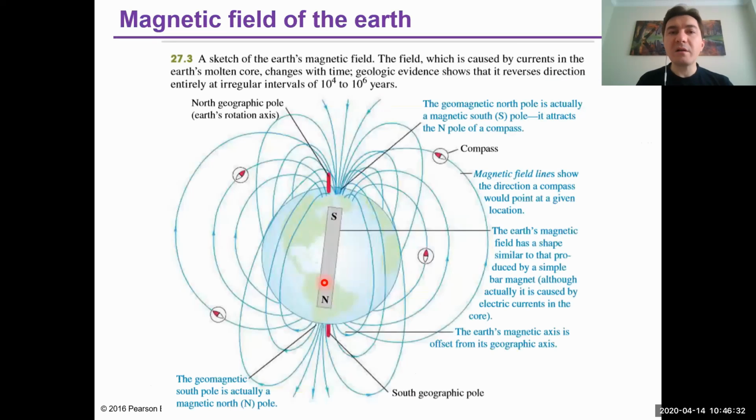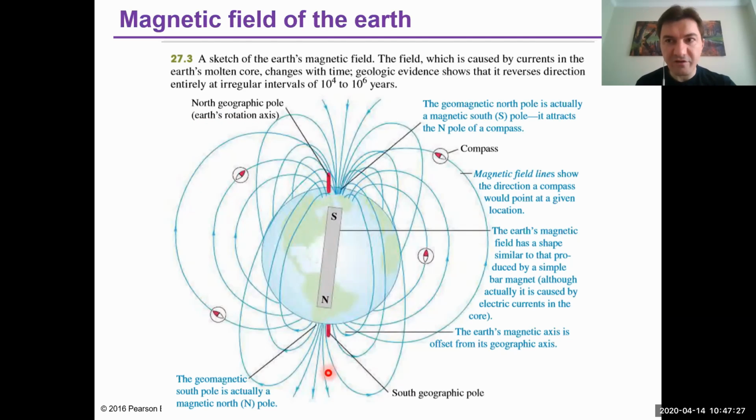So now let's go into detail here. So this is the Earth. You can see South America, North America, here Europe, here you see Africa, okay? And here you can see Canada, for example, okay? Let's consider like this. And this is the North geographic pole, North Pole, okay? This is the Earth's rotation axis, this red one.